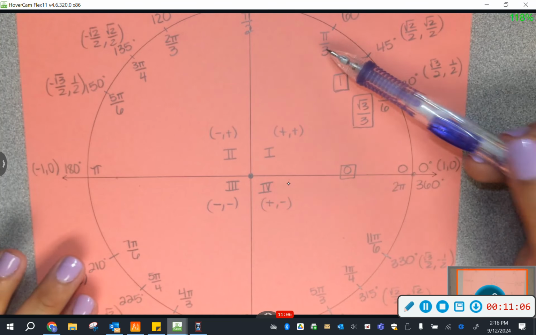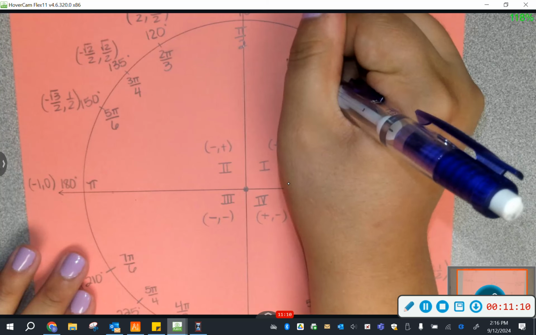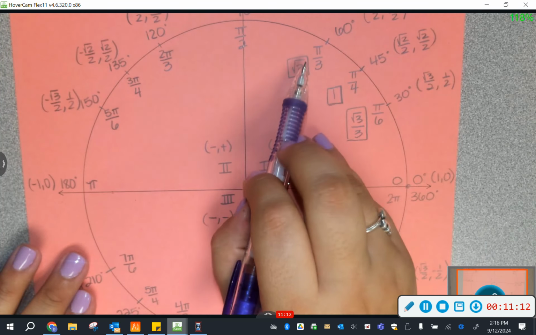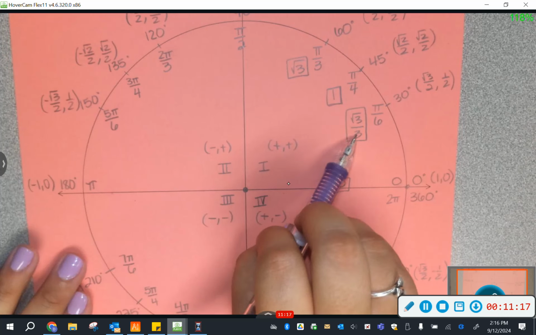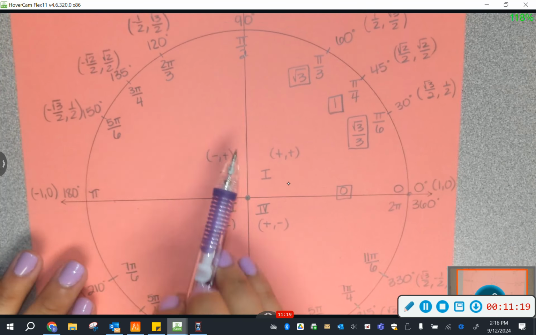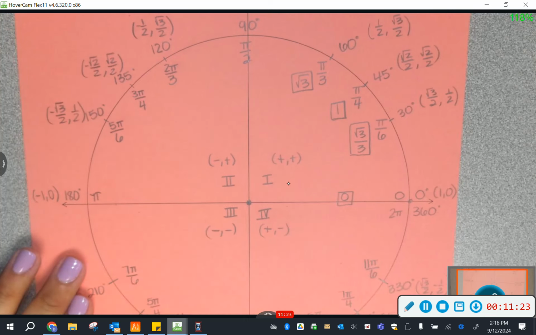And then what was pi over 3 or 60 degrees? Just square root of 3. And look, this one's the 3, the 3. What about the tangent of 90 degrees or pi over 2?